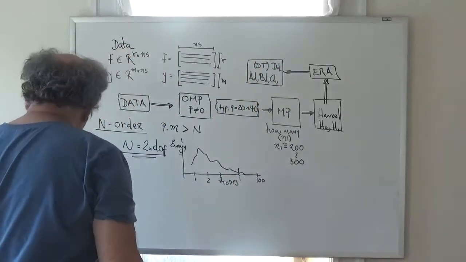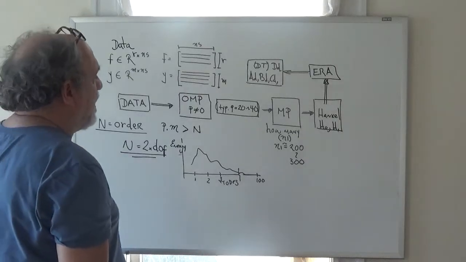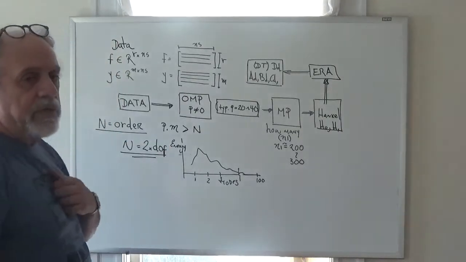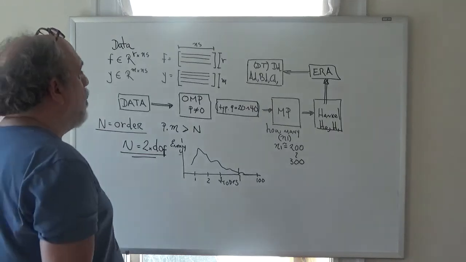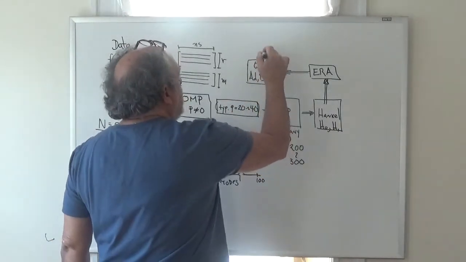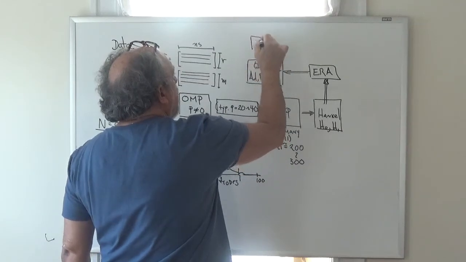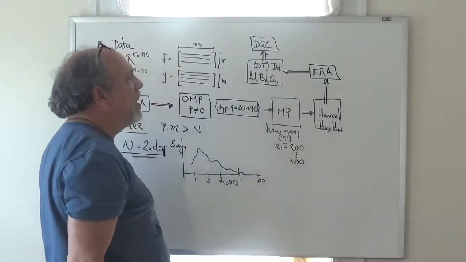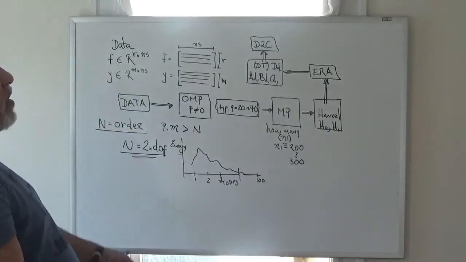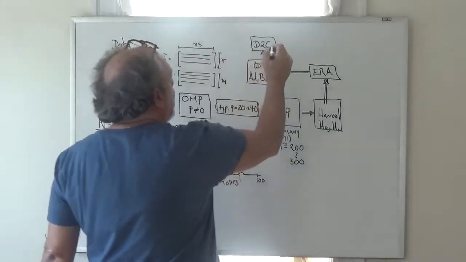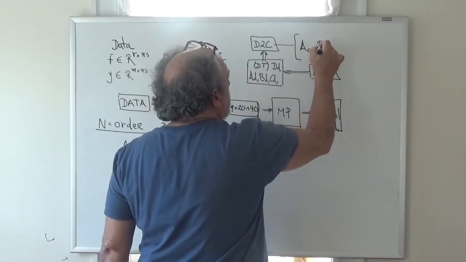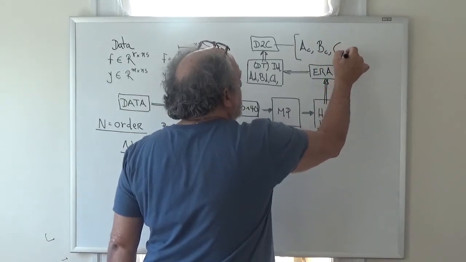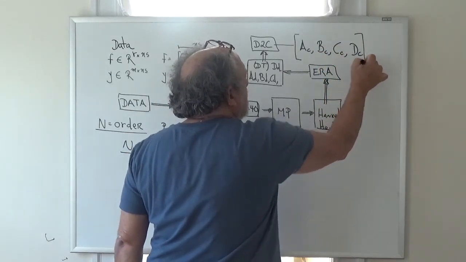In case that we are measuring accelerations and the loads are collocated with the accelerations, there could be a D. So we have the discrete model, and then from the discrete model, we perform a D to C, which is a discrete to continuous conversion, which is the reversal. And from here we obtain A continuous, B continuous, C continuous, D continuous.